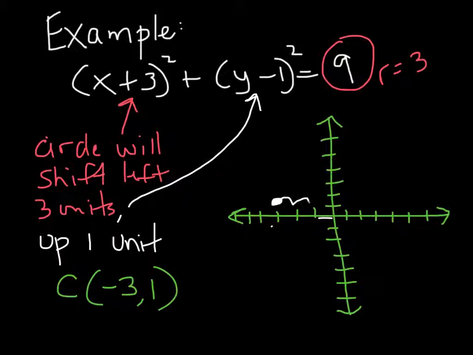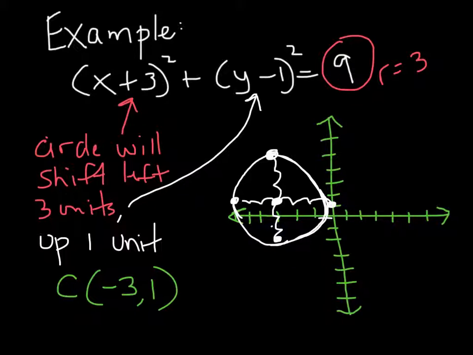I'm going 1, 2, 3. So there's 1 point. Then 1, 2, 3 again, and 1, 2, 3, and again 1, 2, 3. And I'm going to draw my circle. It is much easier on graph paper, with everything spaced a little more perfectly than I probably have right there. But there's my circle, and I'll get rid of the extra marks so you can see the center and the actual circle.